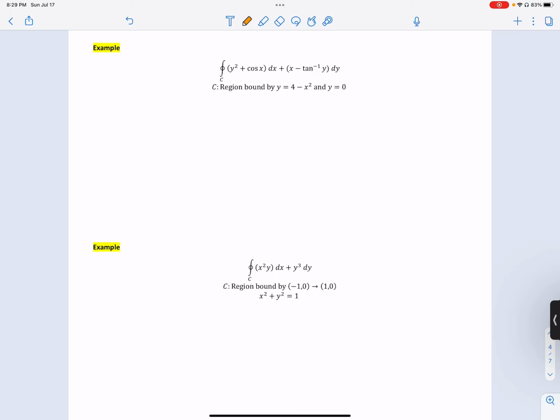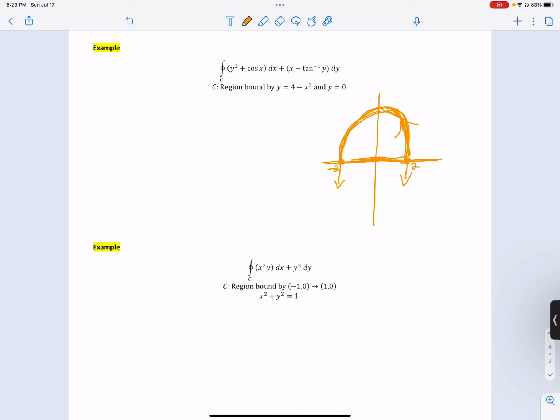Okay, so we deal with the curve first. That is a parabola that is upside down, like this. And then it goes through 2 and -2. And then the line y equals 0 is right there. So we're dealing with this shape going this way.